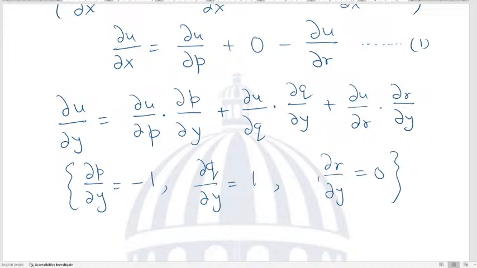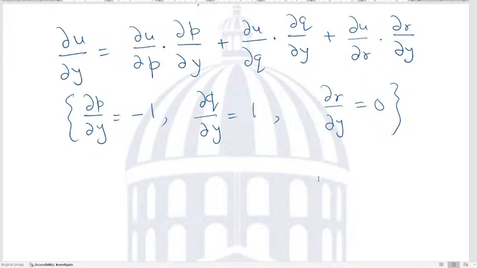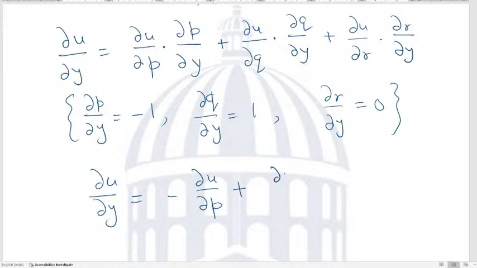I will substitute these three values in the topmost line that you can see. So ∂u/∂y will be equal to ∂u/∂p multiplied by ∂p/∂y. ∂p/∂y is negative 1, so this becomes minus ∂u/∂p, plus ∂u/∂q multiplied by ∂q/∂y. The ∂q/∂y is 1, so it will become ∂u/∂q.